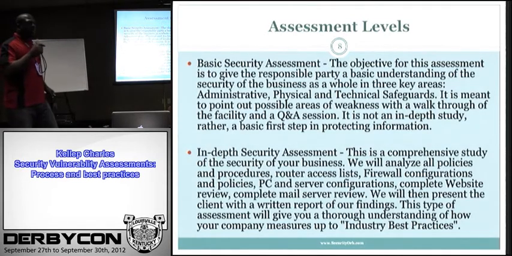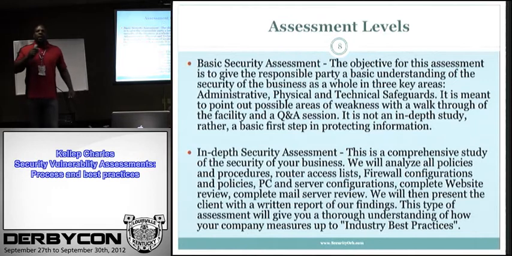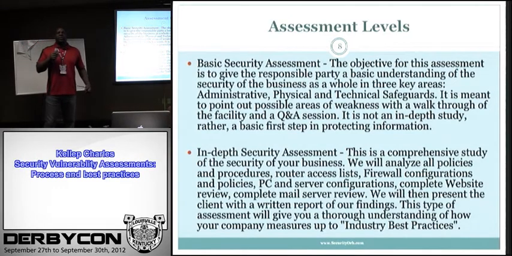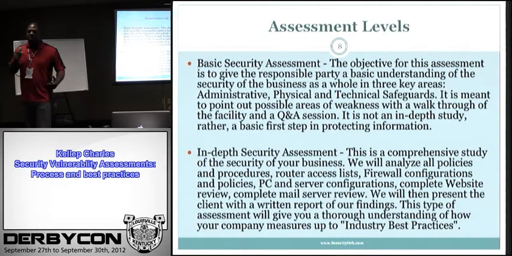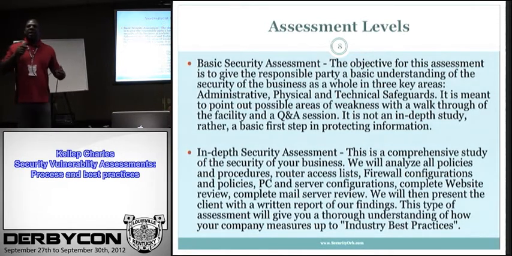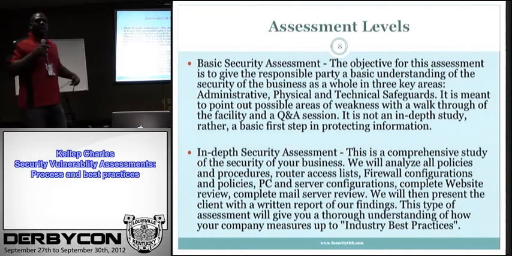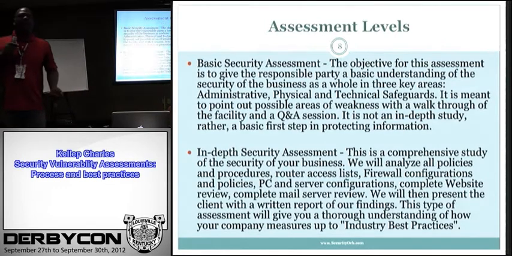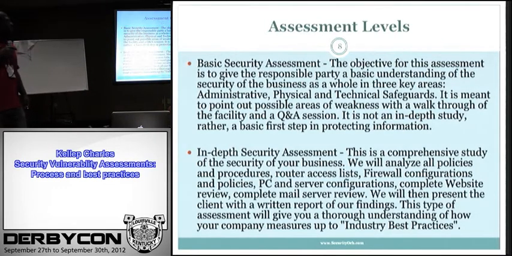And just something with physical security is that a lot of people see physical security as not being part of the security assessment process. But as I always state, if somebody has unfettered access into your processing lab and they go in there and add a USB or unplug the system by mistake, that is a security breach.